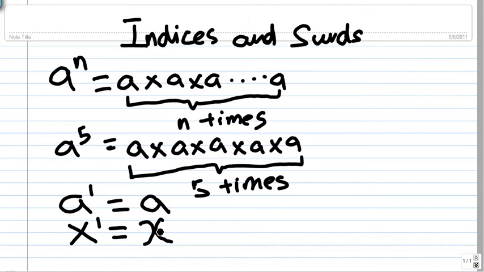If it's to the power of 1, all you have to do is write it as a or x. It is understood that a is a to the power of 1 and x is x to the power of 1. Let's go on to the next page.